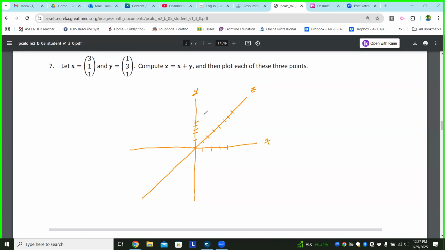On this first one, if I graph 3, 1, I would graph 3 on the X, go up 1 on the Y, and also go 1 on the, gosh, that's hard to do.